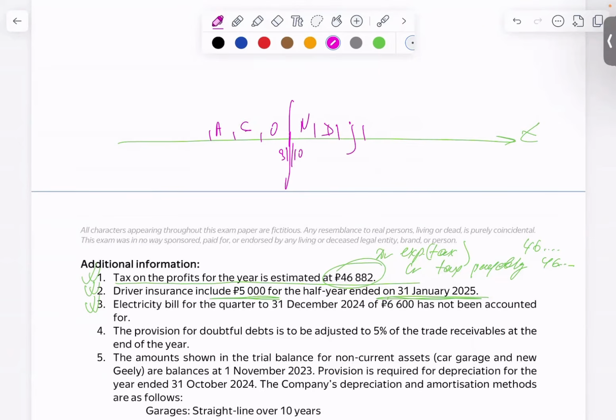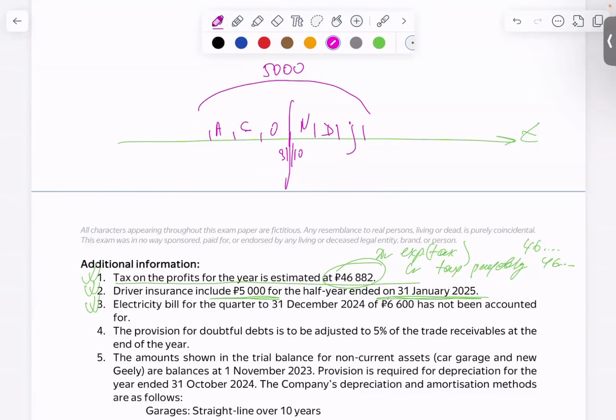So it means that the company has paid insurance for 6 months. And this is the period covered. And the total insurance cost us 5,000 rubles.